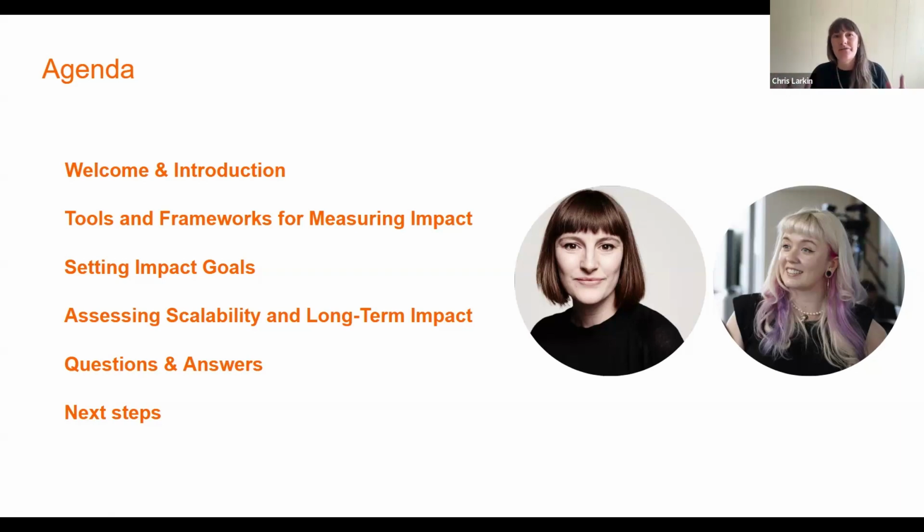A lot of what I did there was supporting design teams to make sure that the impact strategy, be it a behavior change or a social change project that we're working on, was as strong as it could be within a design project or underpinning a design project. And then also how we would lead measurement and learning so that we were understanding the impact of projects and feeding it into continuous improvement.